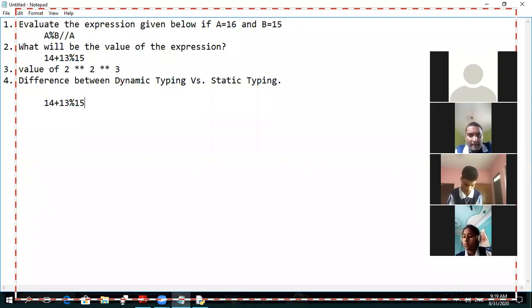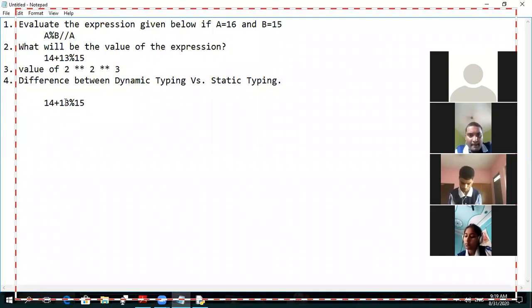Here plus and modulus both come under the same category, arithmetic operators, but according to precedence, the precedence of the modulus operator is more than addition. Clear? So first of all we have to solve this one, then we have to add the result with 14.